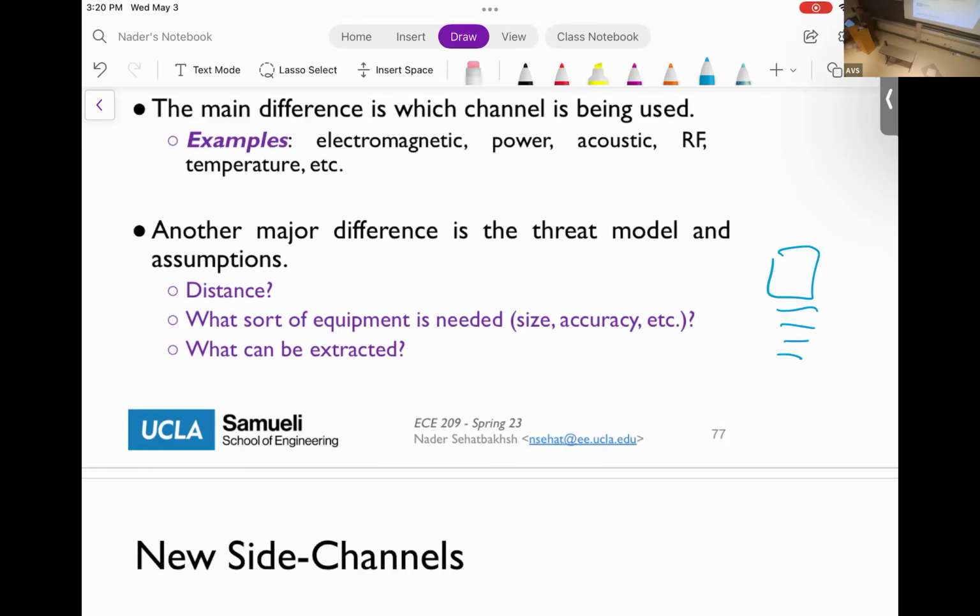But then there are also clever attacks that read the power remotely. For example, you're going to see a couple of papers next week that really read power, but not on the device while being close.